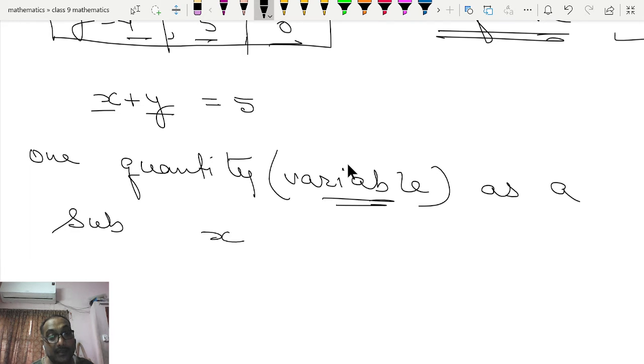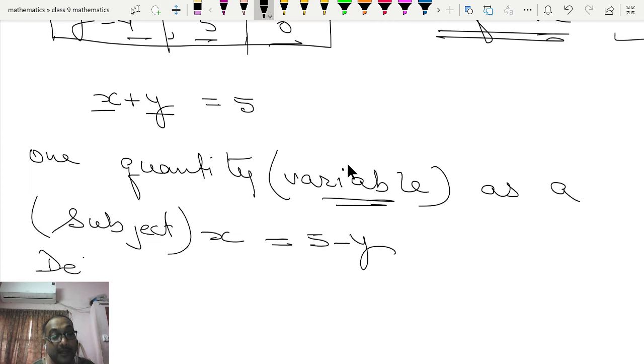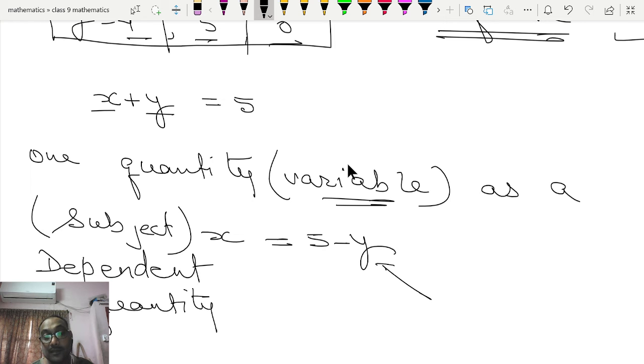Take x as the subject, so x is equal to 5 minus y, and this subject is termed the dependent quantity, whereas y is termed the independent quantity.